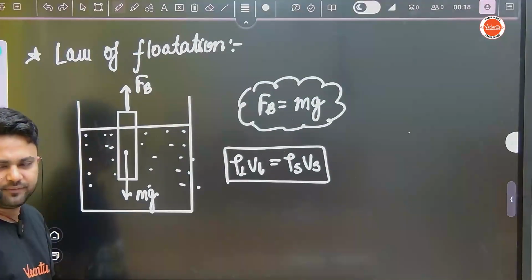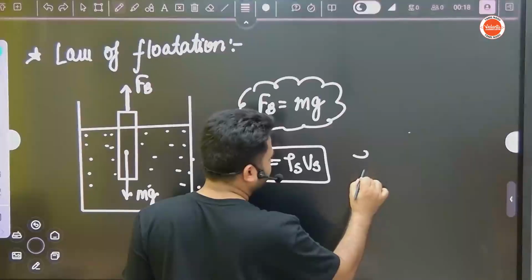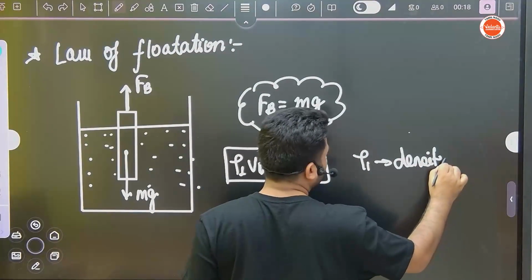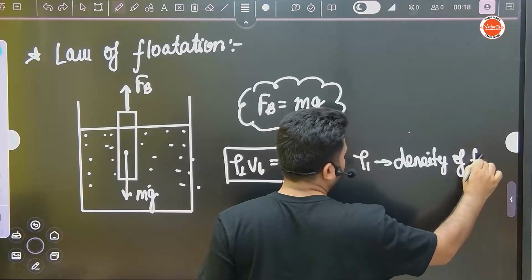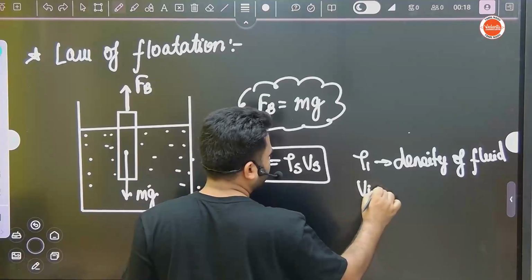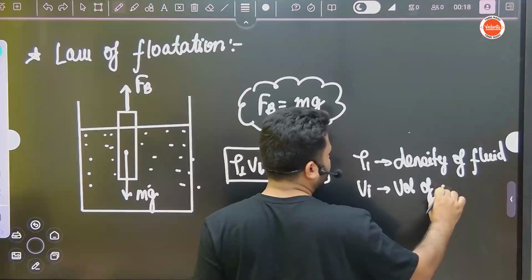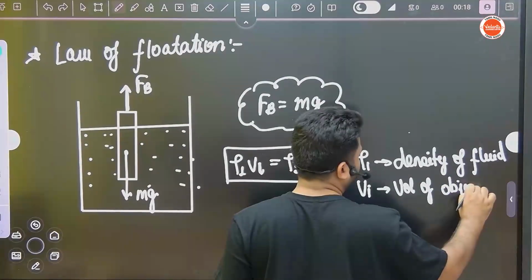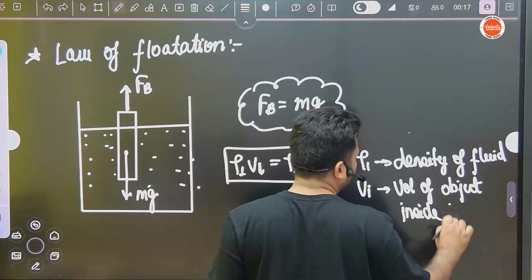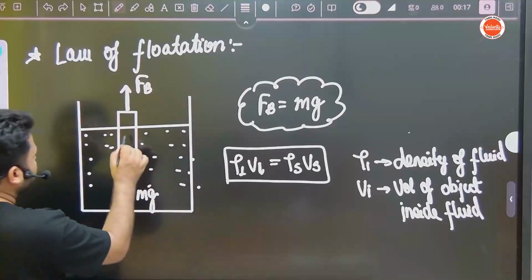Rho 1 is the density of the liquid, the density of the fluid. V1 is the volume of the object inside the fluid. What volume of the object is inside the fluid? This volume I am talking about.